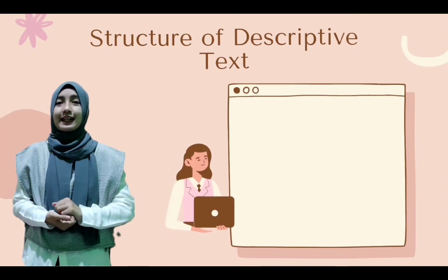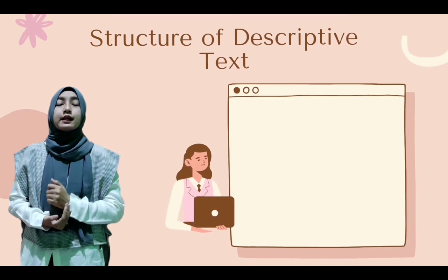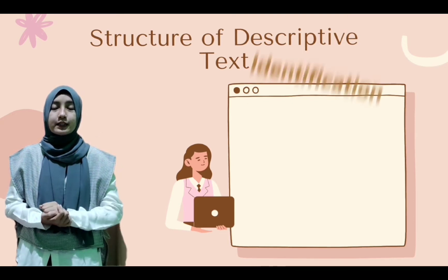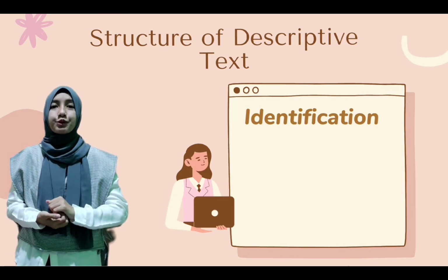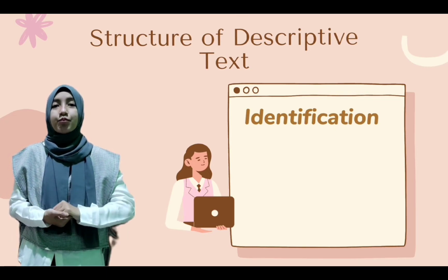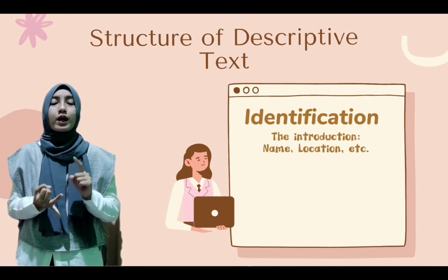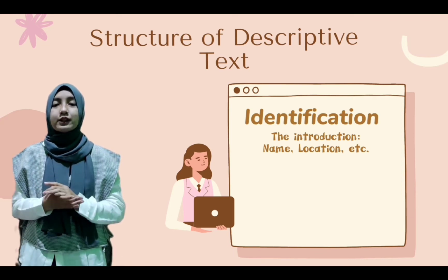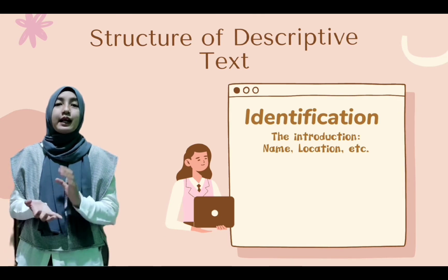Next, let's discuss the generic structure of descriptive text. Descriptive text has two generic structures. First, identification. This part introduces the subject being described. It can be about the name of the place, where the place is, how to get there, and what the famous thing or attractions of the place are.